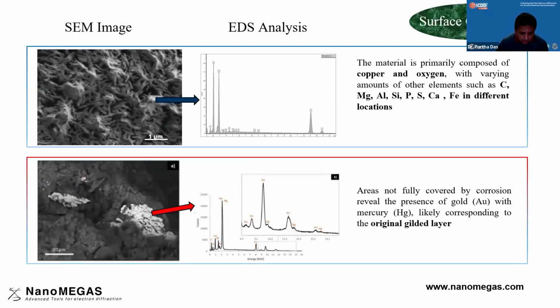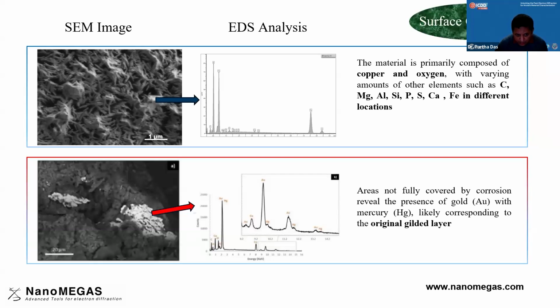Then, as usual, the first thing we did was some SEM imaging and EDX. In the EDX, we saw a lot of copper and oxygen present in these corrosion areas, besides carbon, magnesium, aluminium, silicon, phosphorus, so any elements you can think of.